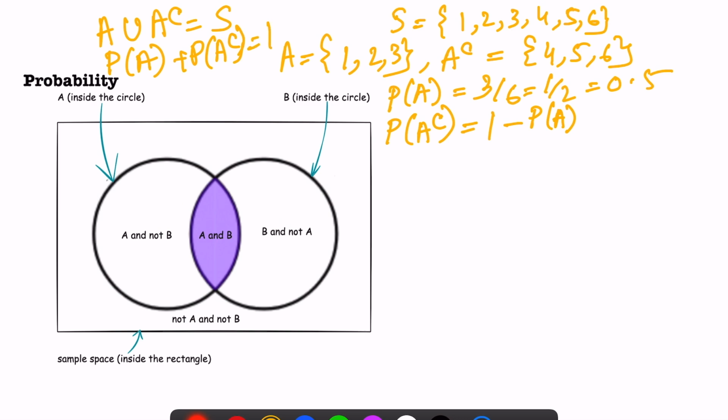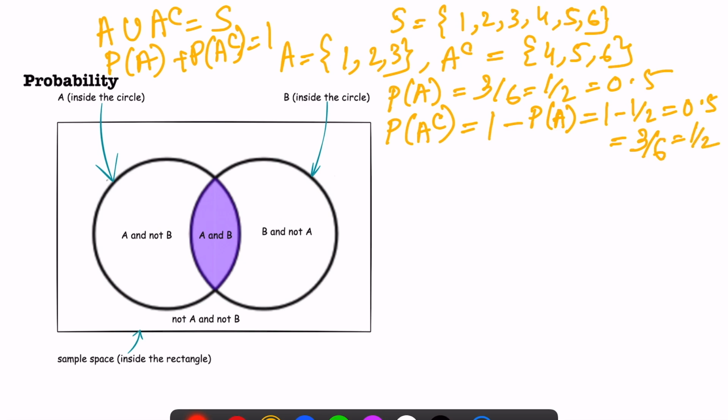So here the probability of A complement will be 1 minus half, that is 0.5. If you want to calculate in a different way, A complement also has 3 elements, right? So 3 out of the total sample space outcomes, which are 6, that is also half.